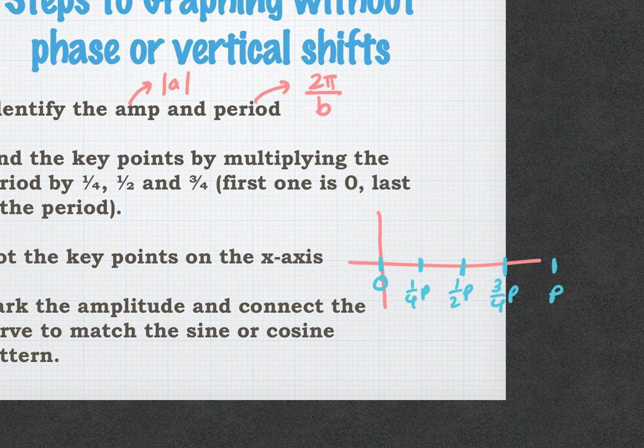And then you will mark the amplitude. So if my amplitude is, let's say it's 1, I'll go up to 1 and I'll go down to -1. And then if it's sine, I would start at 0, go up, down, down, up, make my curve.